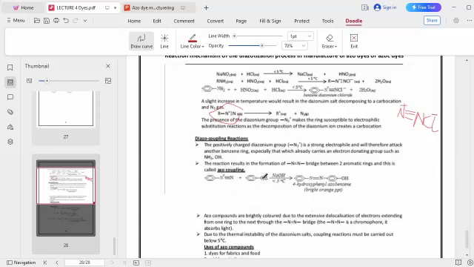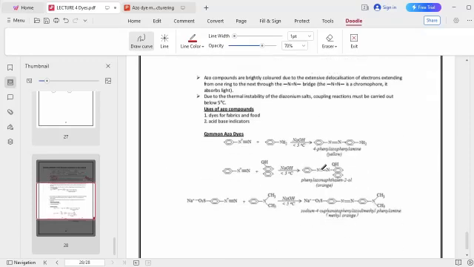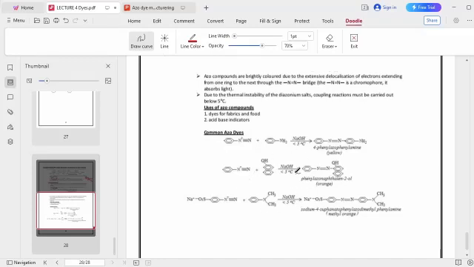So it attacks this, and the groups are then connected through an N=N bridge between these aromatic rings to form a dye. These azo dyes are commonly used for fabrics, food, or as acid-base indicators. And these are some of the common azo dyes here.